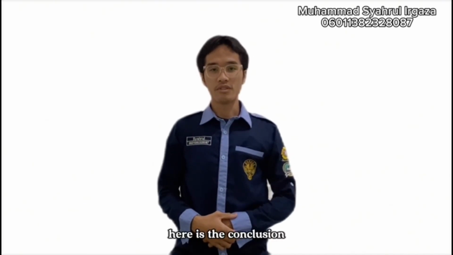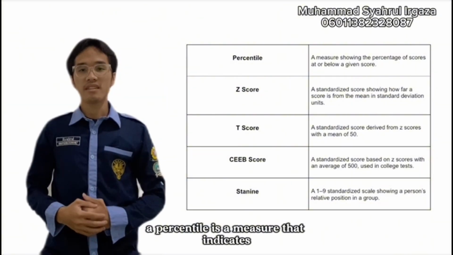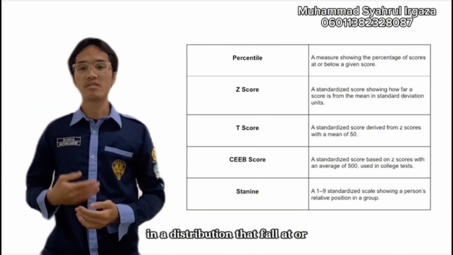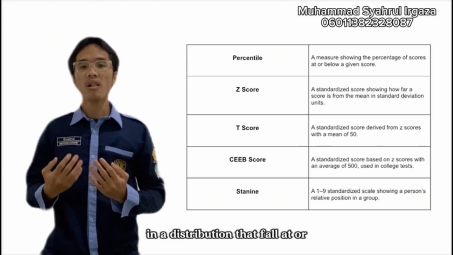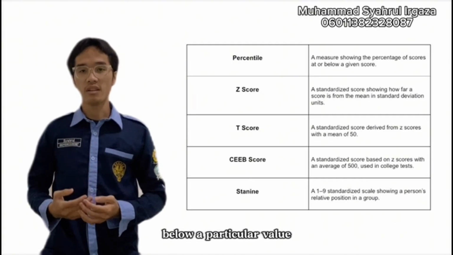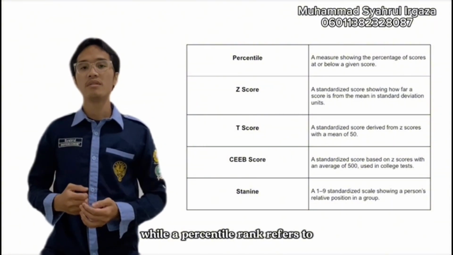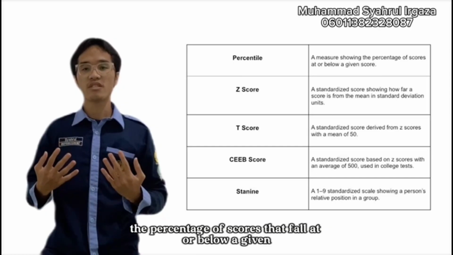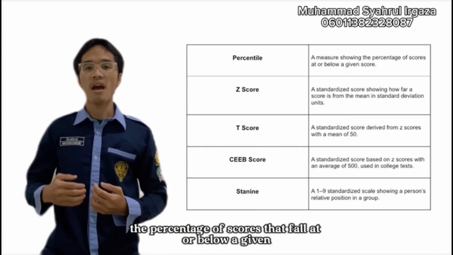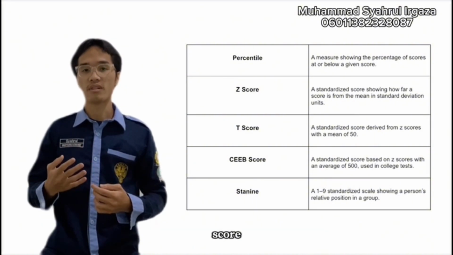Here is the conclusion. A percentile is a measure that indicates the percentage of scores in a distribution that fall at or below a particular value, while a percentile rank refers to the percentage of scores that fall at or below a given score.